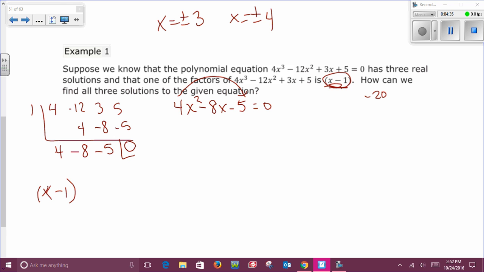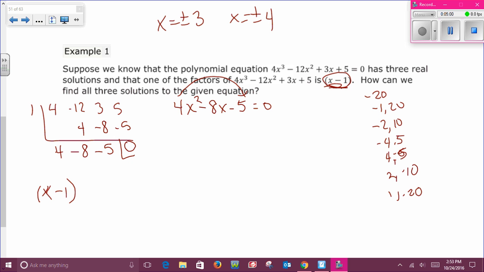My factors of negative 20 are 1 and negative 20. Negative 1 and 20. Negative 2 and 10. Negative 4 and 5. 4 and negative 5. And then 2 and negative 10. And then 1 and negative 20.